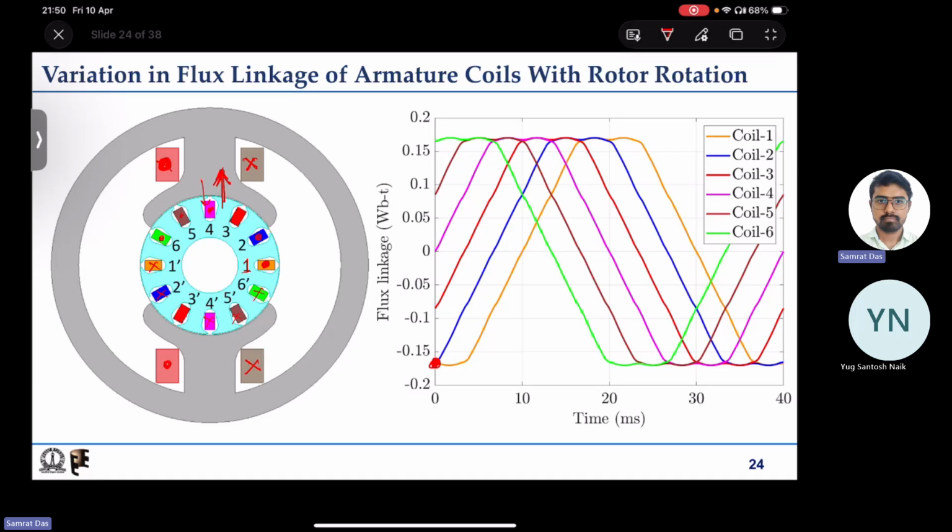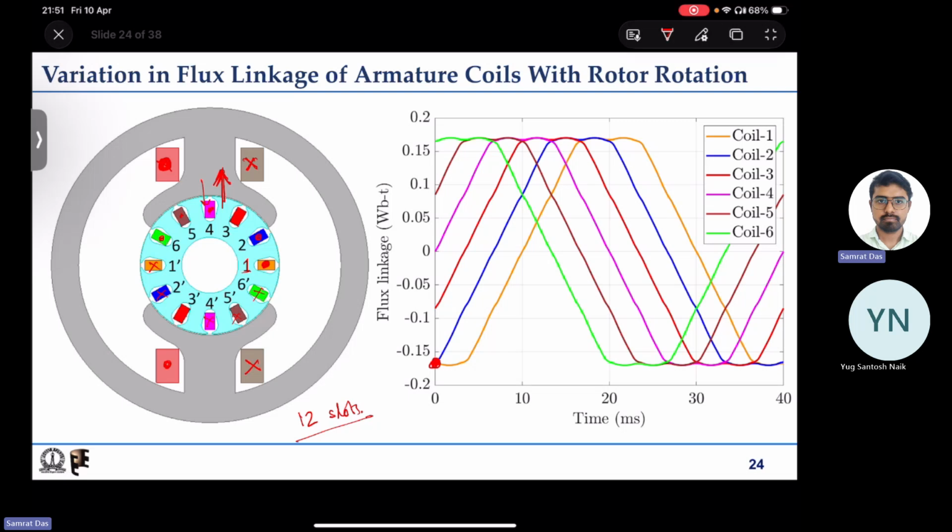What I am plotting on the right-hand side is how the flux linkages of these different coils change as the rotor rotates. Here we have 12 slots, and we are considering single layer winding.